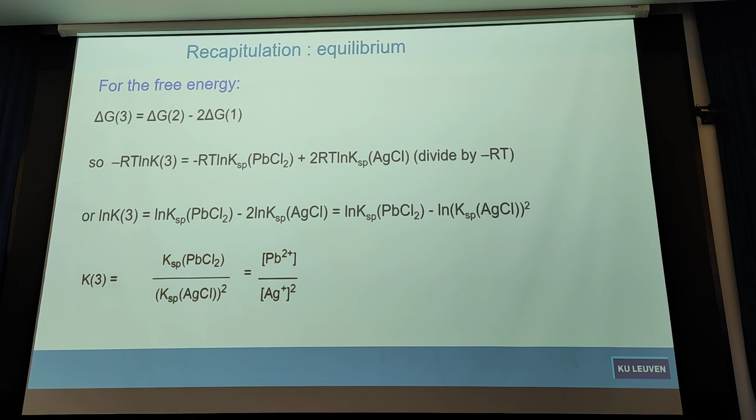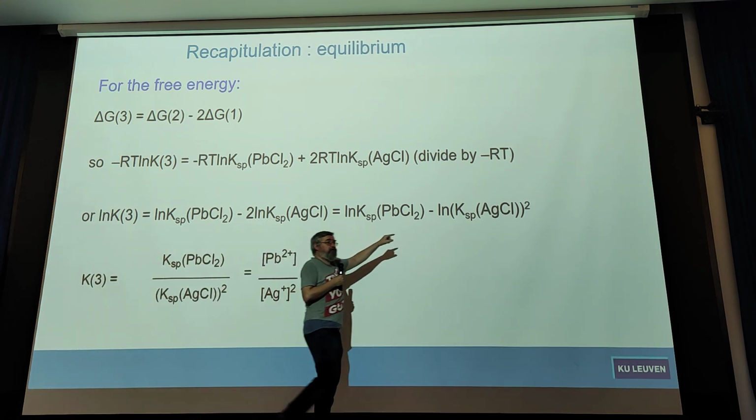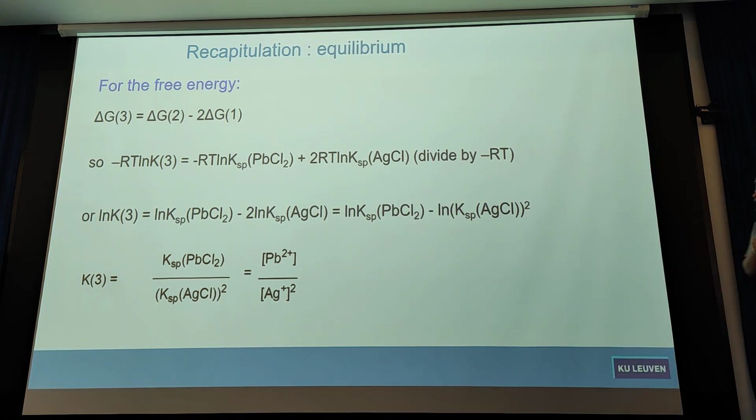Then we see that ln K of the third reaction is ln KSP of lead chloride minus 2 times ln KSP of silver chloride. The 2 we can bring into the logarithm, but then we have to square the silver chloride's KSP. The logarithm of the square of a number is 2 times the logarithm.